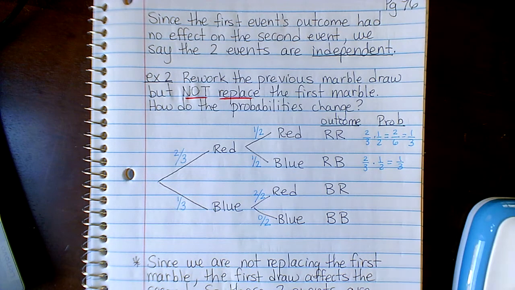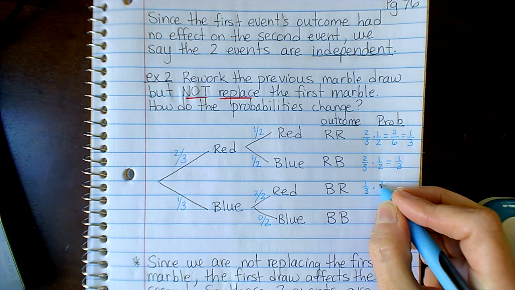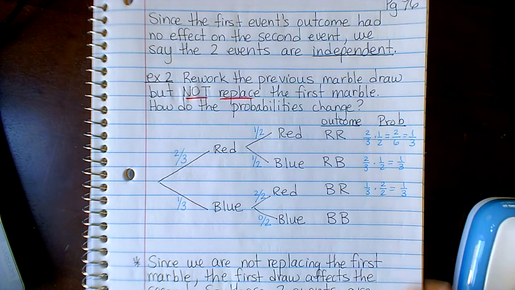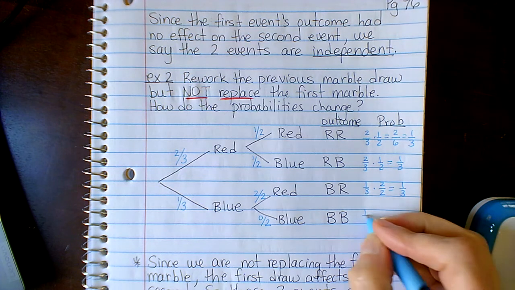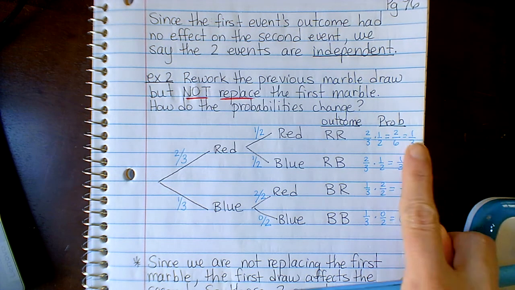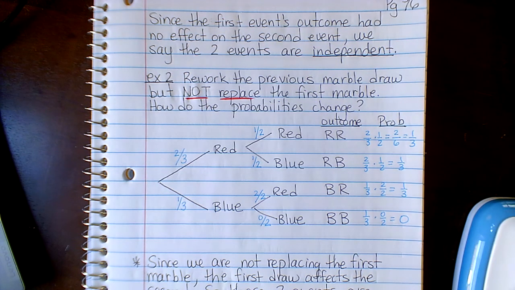How did I know that? Because I just did it. This one's going to be 1/3 times 2/2, which is 1/3. You know how I know that? Because 1/3 times 1 is 1/3. And this one's going to be 0 because it's 1/3 times 0/2. Notice these add up to 1. 1/3 plus 1/3 plus 1/3 plus 0 is 1.